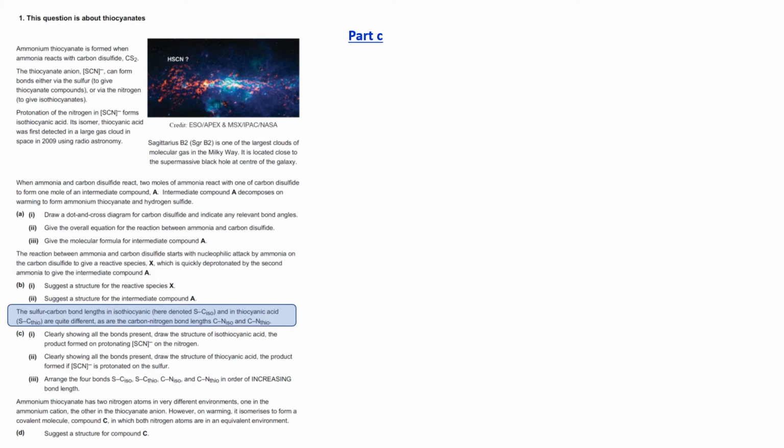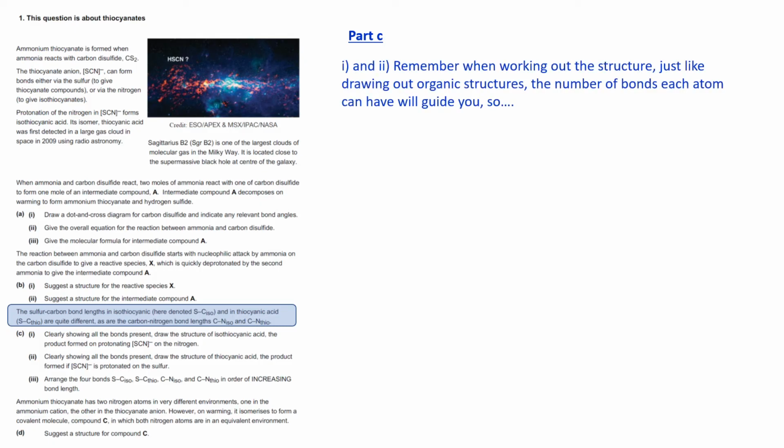So for part C, sulfur-carbon bond lengths in isothiocyanuric acid and in thiocyanic acid are quite different, as are the carbon-nitrogen bond lengths. Remember, when working out the structures here, just like drawing out organic structures, the number of bonds each atom has will guide you.